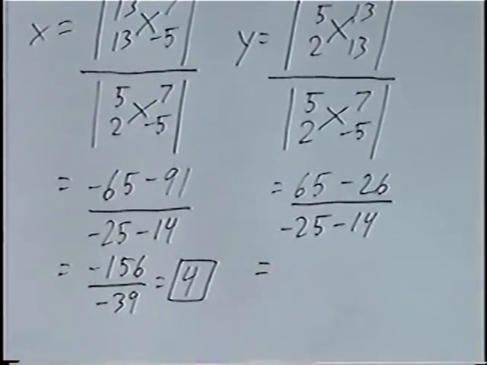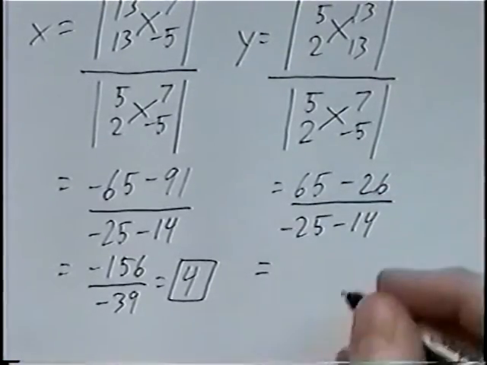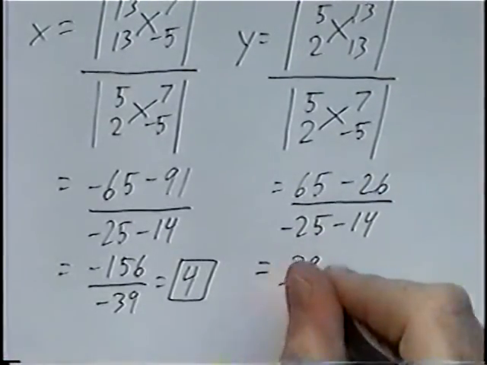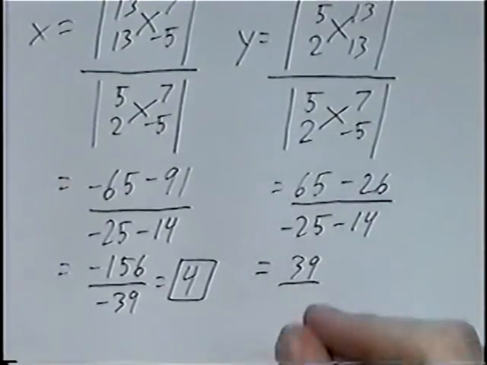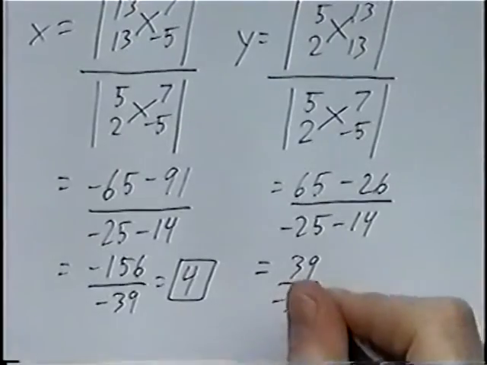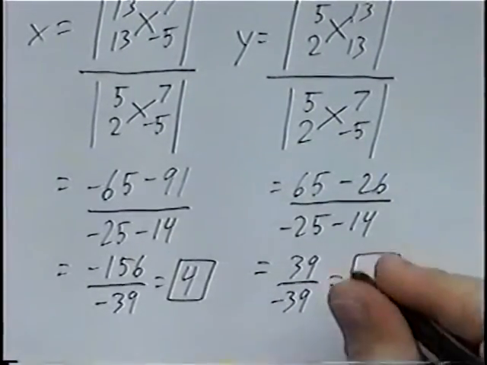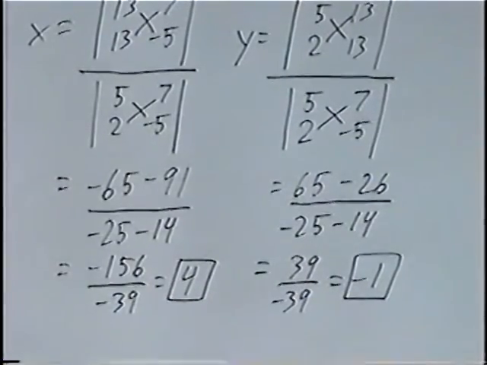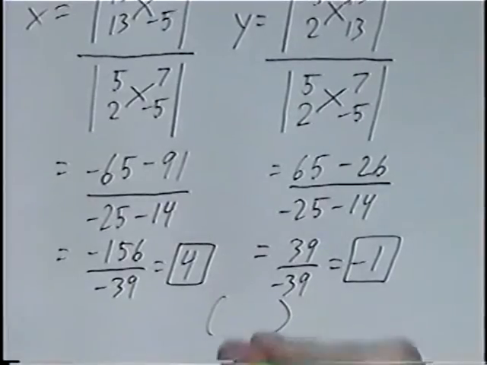Solving for y, 65 minus 26 will be 39, divided by negative 25 minus 14, which would be negative 39, dividing out would be negative 1.